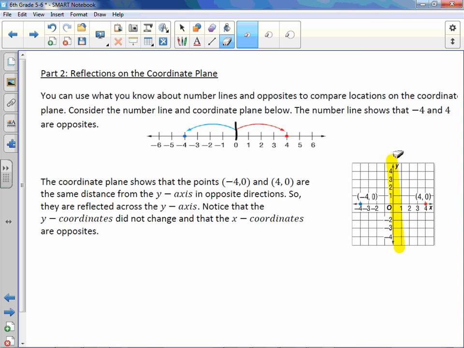Let me make that a little bit smaller. That was a lot bigger than I anticipated. We'll do this one. There we go. It was reflected over the y-axis. Now, it was reflected over the y-axis, so the y value of 0 did not change, but the x changed to its opposite. So let's actually jot this down.